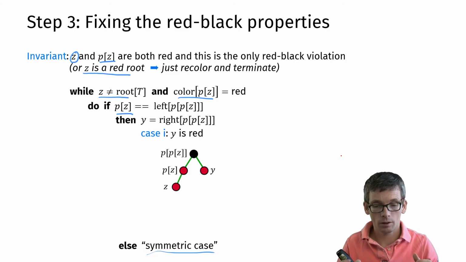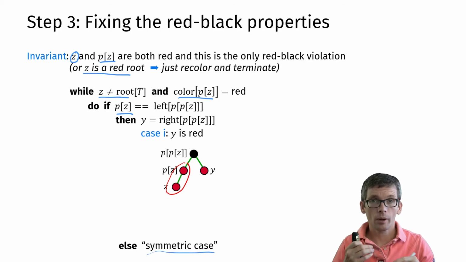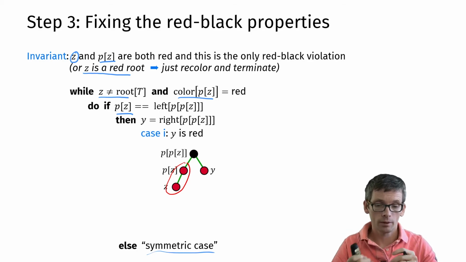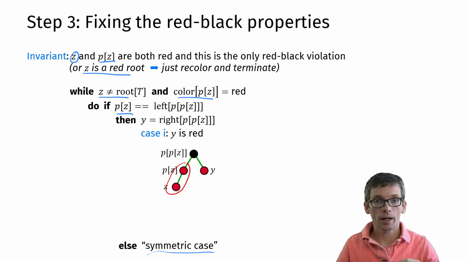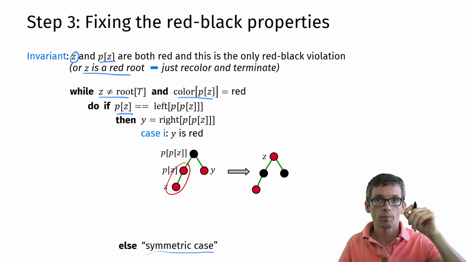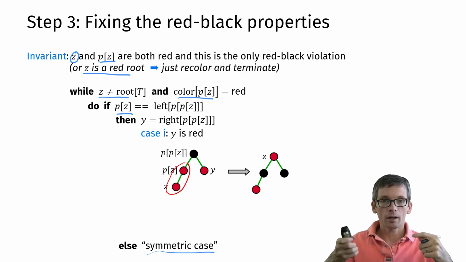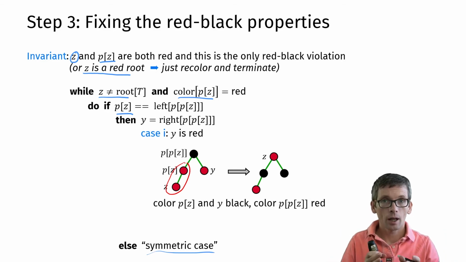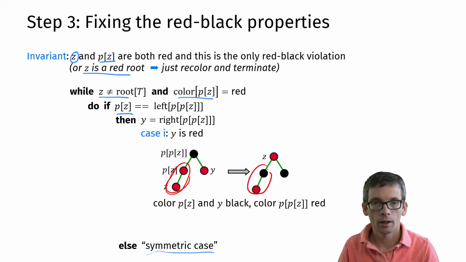So that will be the first case that we solve. So it looks like this. What can we do? We have this violation here, which we want to get rid of, and our strategy was to bump it up the tree. We can do this here simply by recoloring. So what we're going to do is make the grandparent, the parent of my parent, red. I'm going to make Y and the parent black. And in this way, this violation went away.